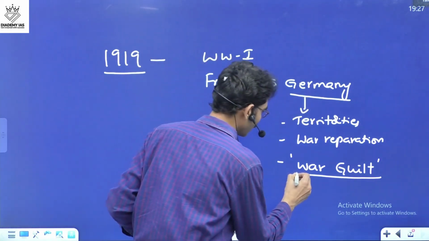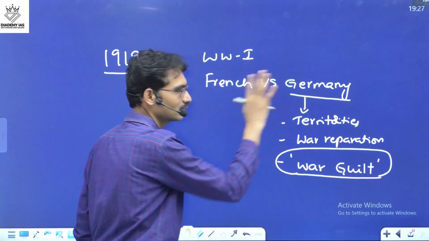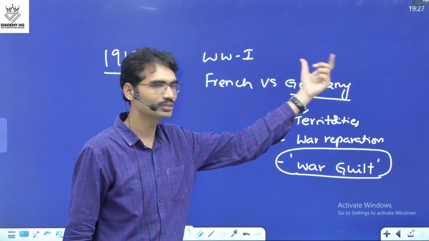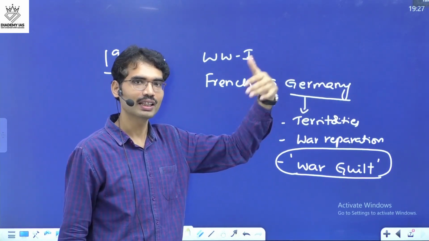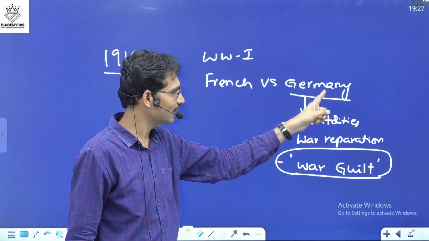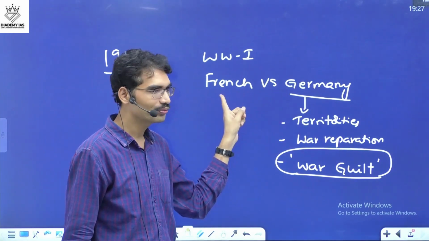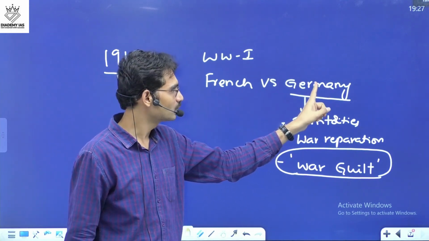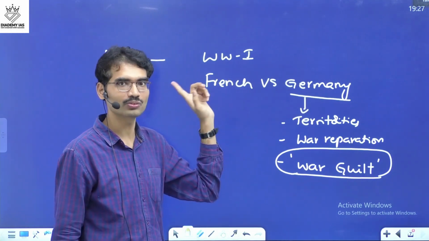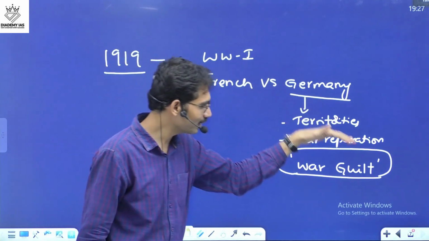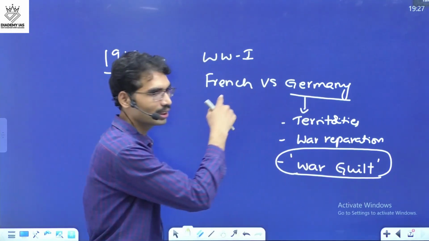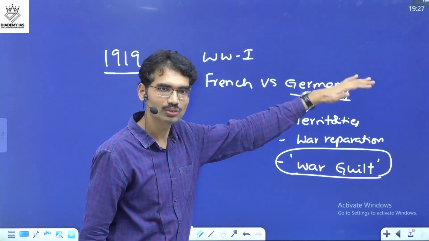But the sole responsibility was imposed on Germany, because at that time Germany was very powerful and everyone was jealous of it. Germany was increasing its military status and colonial powers. Particularly France wanted to punish Germany to the extent that Germany would never become a threat to France. They went so far that complete responsibility for World War I was pinned on Germany.